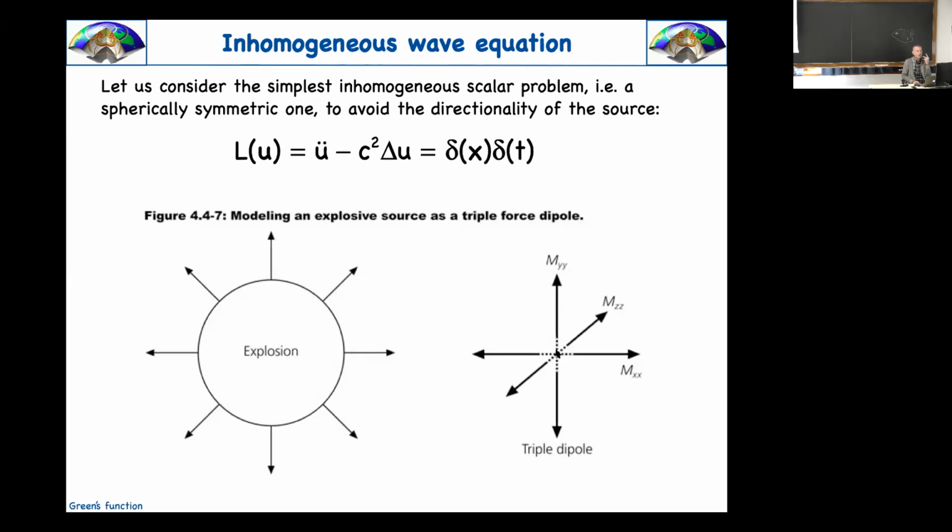So it's like having 3 dipoles acting with the same strength in all the 3 directions. So it's a special case, not useful for us, of what we discussed during the representation period.